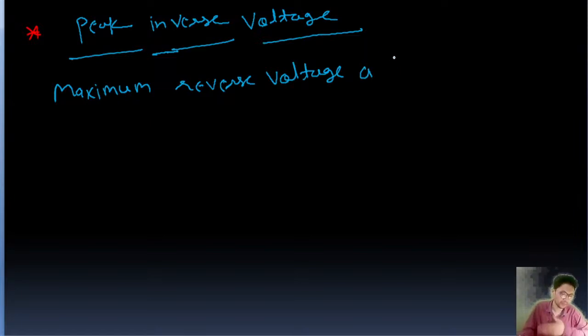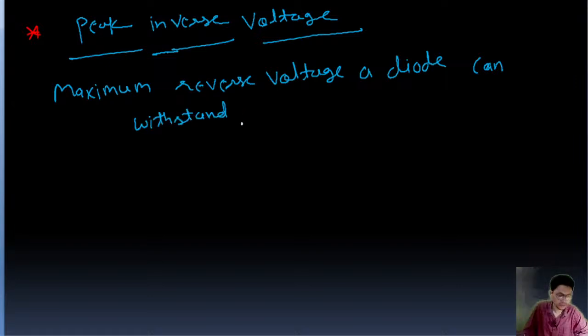Okay, diode can bear, diode can withstand. So peak inverse voltage means the maximum reverse voltage a diode can withstand or bear.